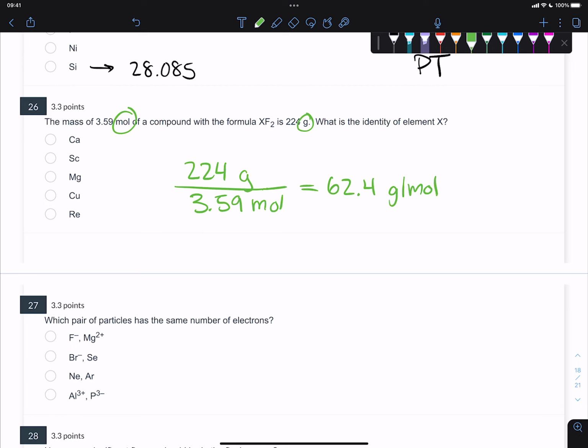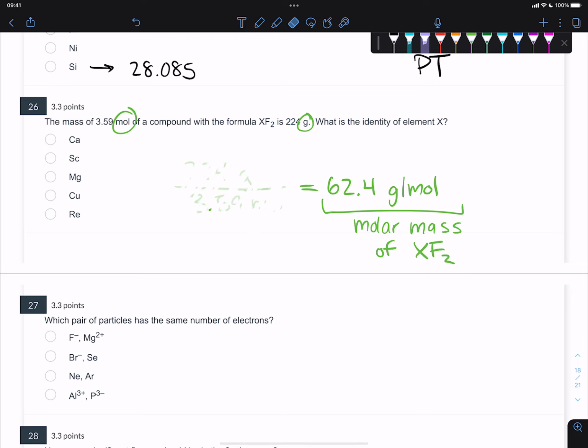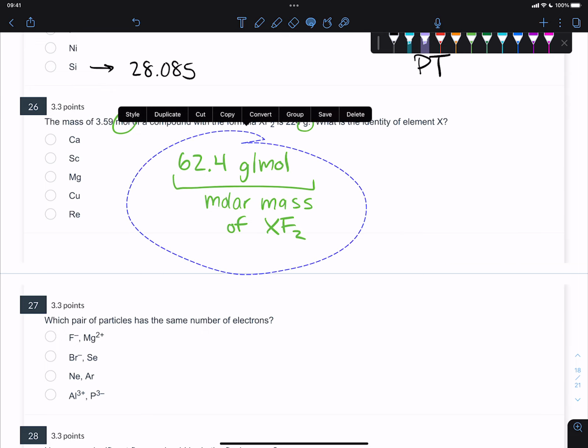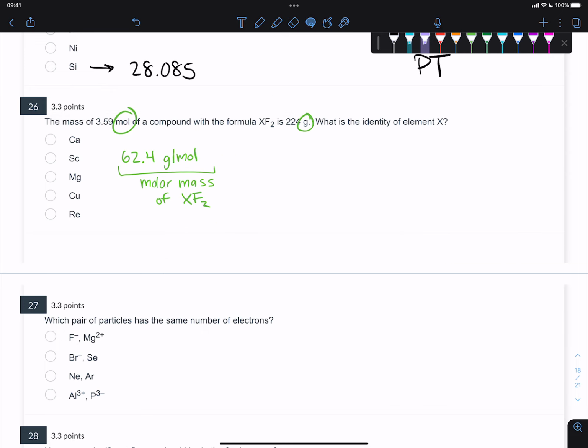Now this is looking a lot like a molar mass, because it is. This is actually the molar mass of the compound, the molar mass of whatever XF2 is. So we don't really need this other stuff anymore. I'm going to get rid of it for space. This is important information though, because we can figure out what the other thing is.